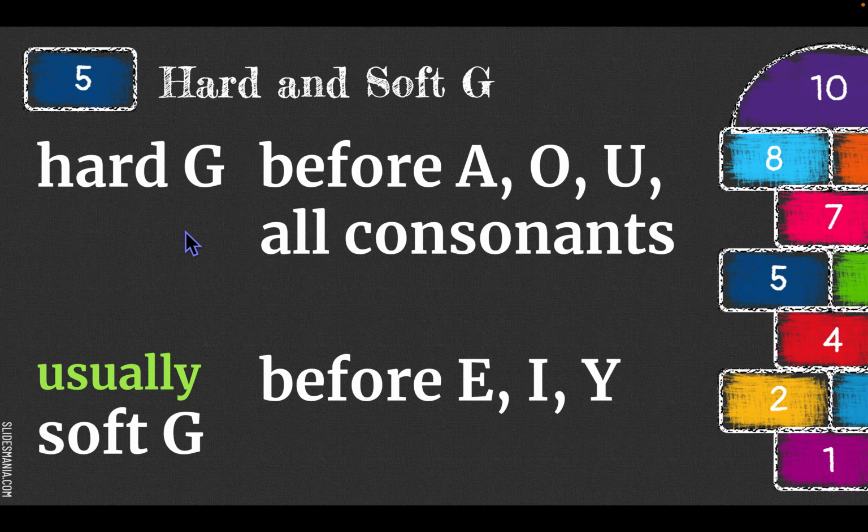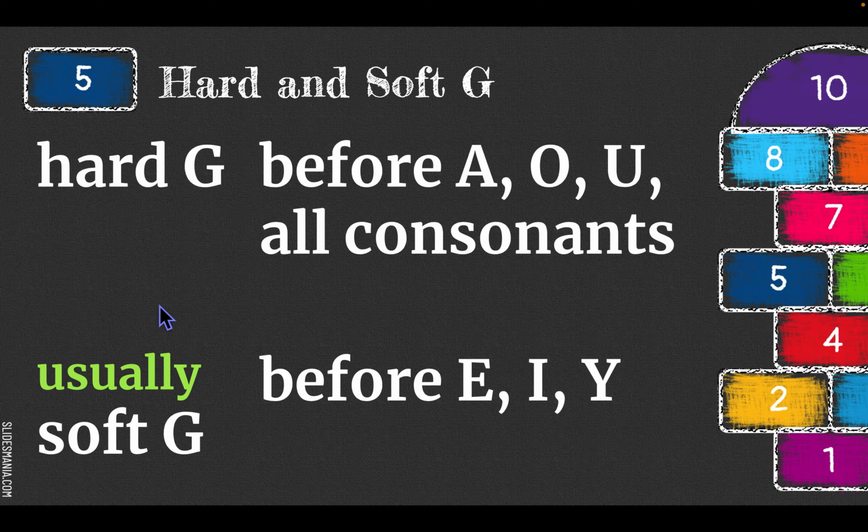So remember, just like we use the hard C before all A, O, U, and all consonants, we use the hard G sound of G before the letters A, O, U, and all consonants.